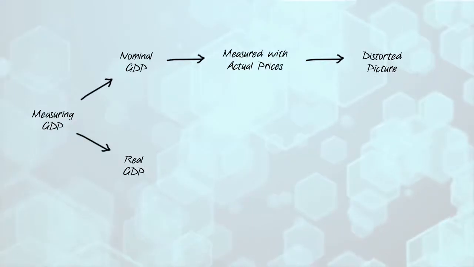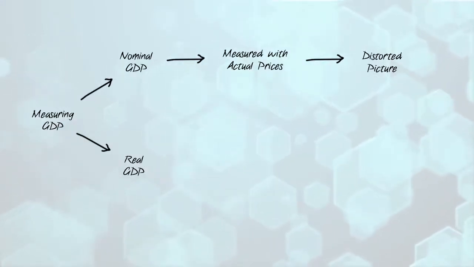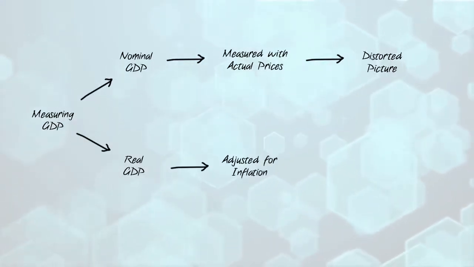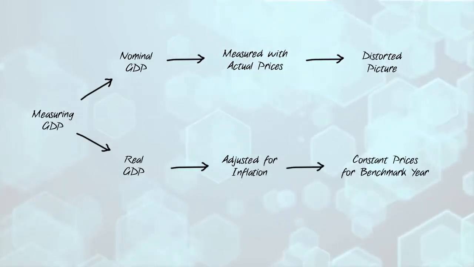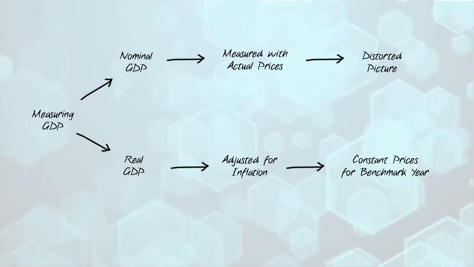To address this yardstick problem, macroeconomists use real inflation-adjusted GDP when tracking things like the business cycle and measuring actual economic growth. Real GDP is simply nominal GDP adjusted for inflation, and it is calculated in constant prices for a particular benchmark year.